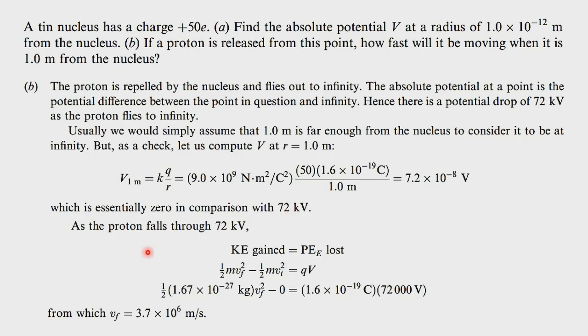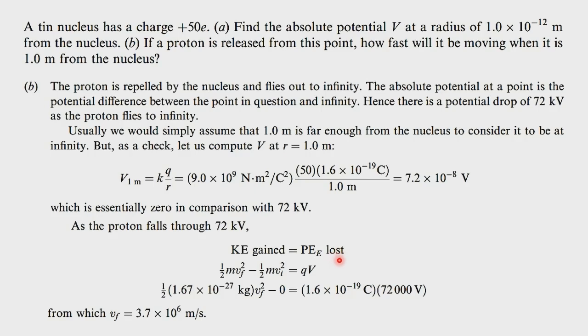So as the proton falls through 72 kilovolts, we will now answer how fast it will be moving. The only way to do that is to look at the relationship between kinetic energy and potential energy, which is the conservation of energy. If kinetic energy is gained, then we lose some potential energy, or vice versa.